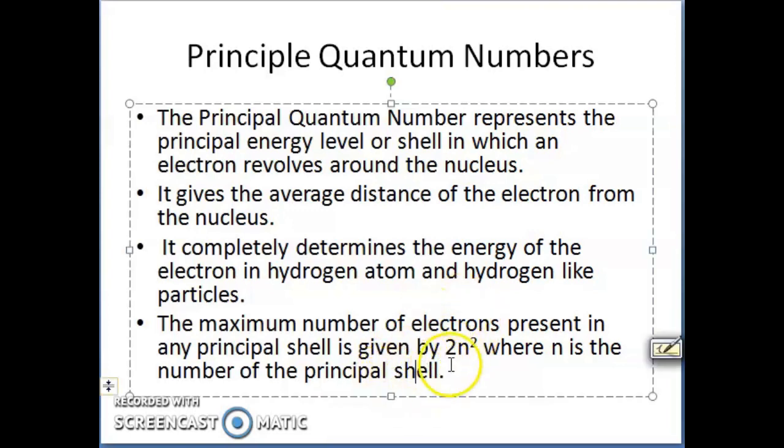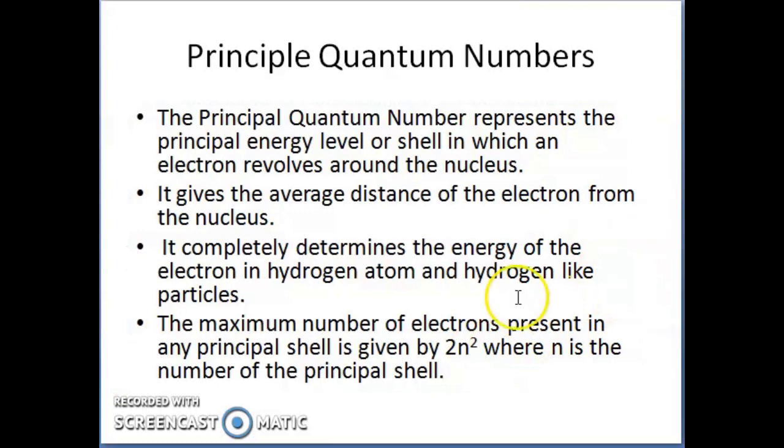With the help of the n value, we can calculate the total number of electrons present in a particular shell.